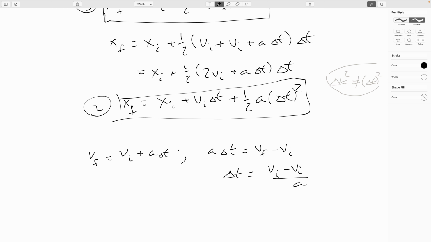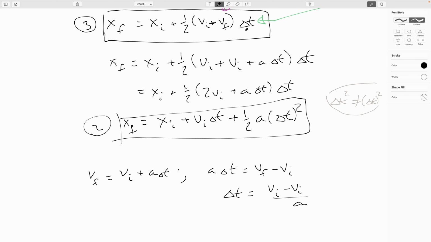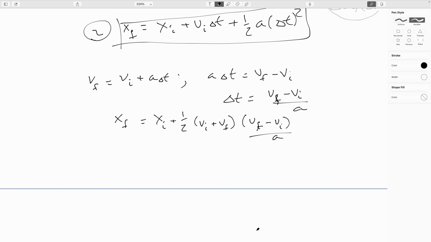So now that I have that, I can stick that into here. So this will give me x final equals x initial plus 1/2 V initial plus V final times V final minus V initial over A. Now, let me clean this up just a shade. So this will be x initial plus, and we'll just put that all over 2A.